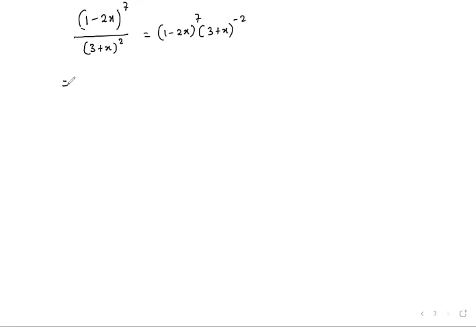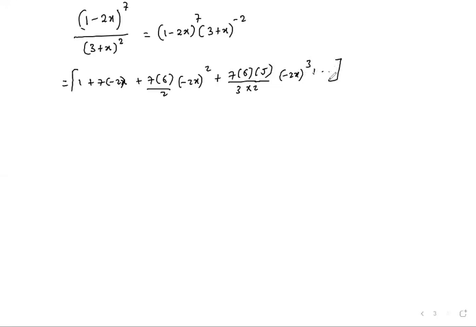So you have 1 plus 7 times minus 2x, plus 7 6 over 2 times minus 2x squared, plus 7 6 5 over 3 by 2, minus 2x power 3.